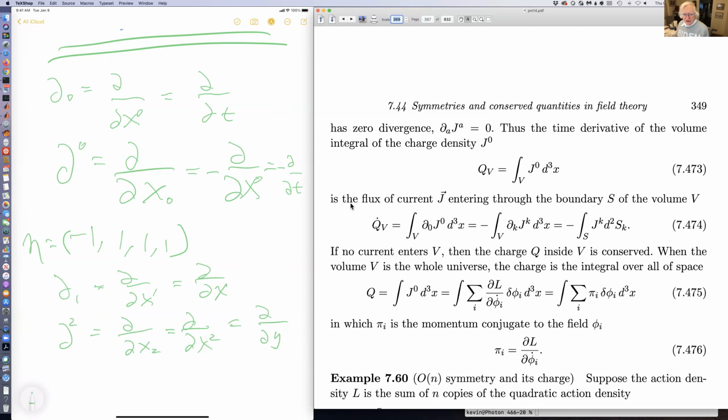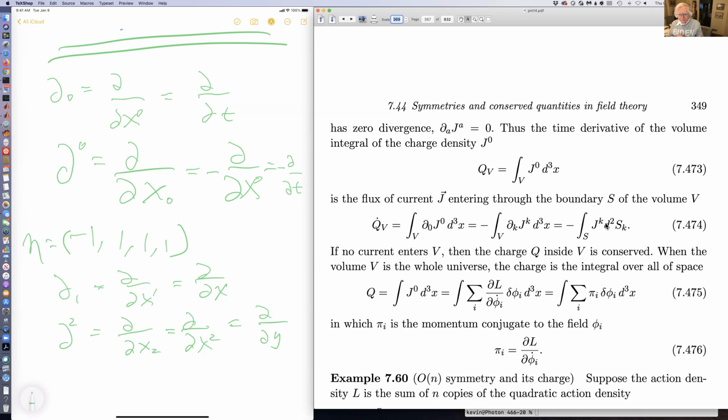If we take the time derivative of that, that's the time derivative of J0 integrated here. That's minus the divergence of the current, so minus the integral of the current leaving the volume. So the time derivative of the charge inside is the total amount of current coming in through the surface.